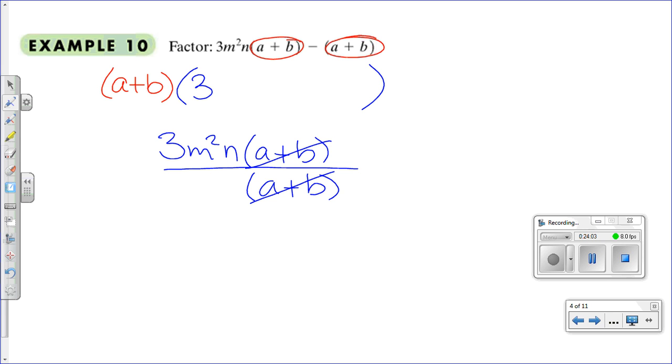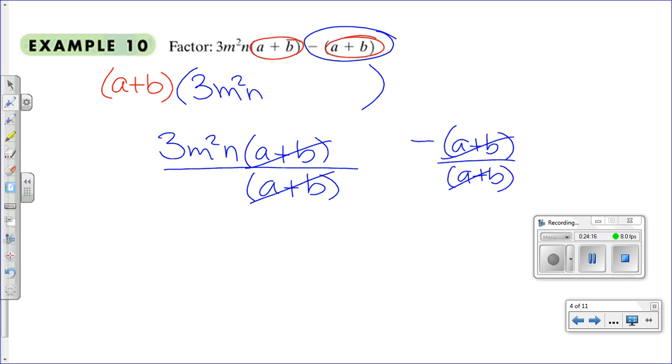So we get 3m squared n. And if we factor A plus B from here, we have negative A plus B divided by A plus B. So that will be not positive 1, but negative 1.